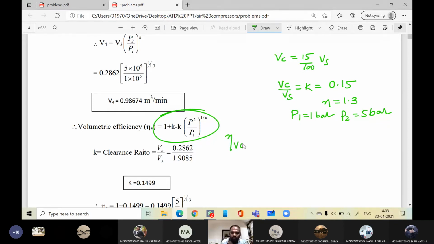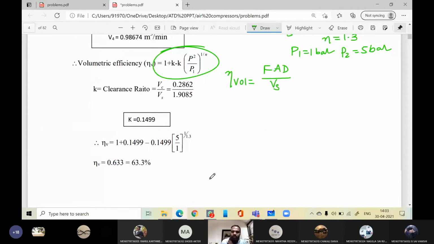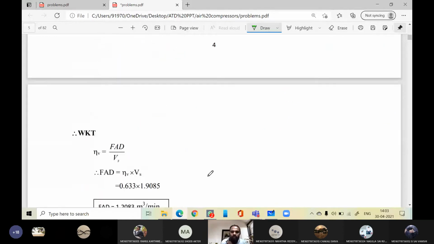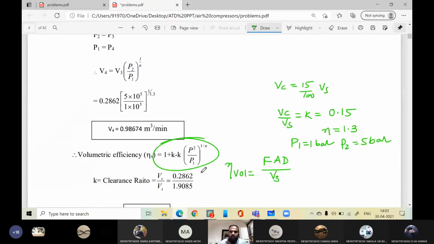Volumetric efficiency can be written as free air delivered divided by swept volume. Here we got volumetric efficiency from this formula and swept volume is there. Therefore, we can calculate flow rate. Flow rate is nothing but free air delivery. You will get it in meter cube per minute, so swept volume should be in meter cube per minute.